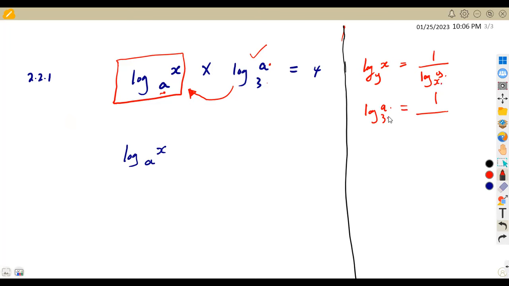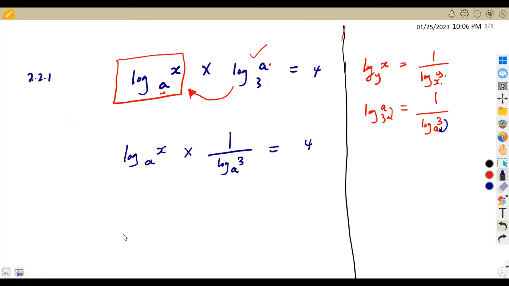So it is going to be the logarithm of 3 in base of a. We have interchanged these two. So we can write this as multiplied to 1 over log 3 base a, and everything is equal to 4. All right, so that's what we have at this extent.